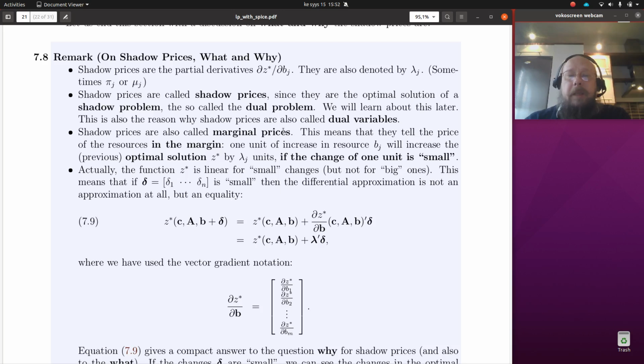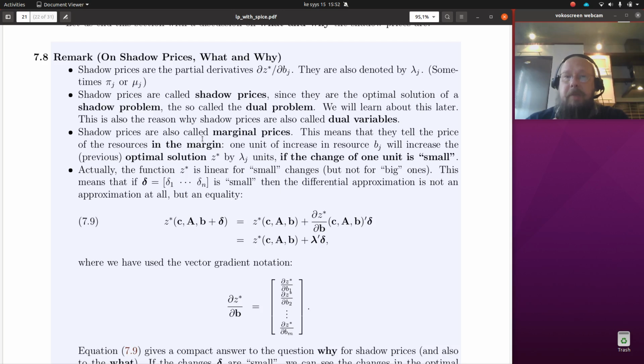So what does it mean that they are marginal prices? It means that the price of the resources you have, so the b's, the tolerance levels, the amount of nutrients, what is their value price for you in the margin?